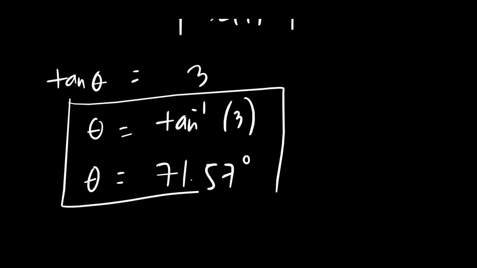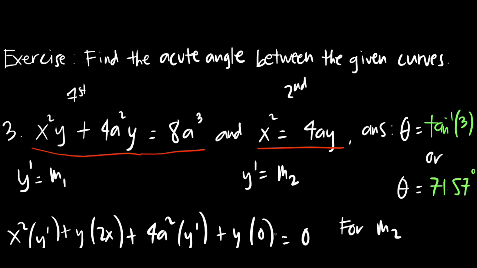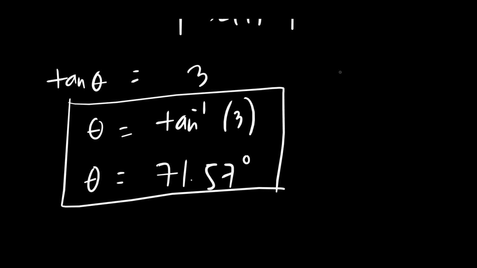Let's check if our answer is correct. The answer is arctan of 3 or 71.57 degrees, so our answer here is correct. So let's proceed to number 3. Oh, sorry, let's proceed to number 5.